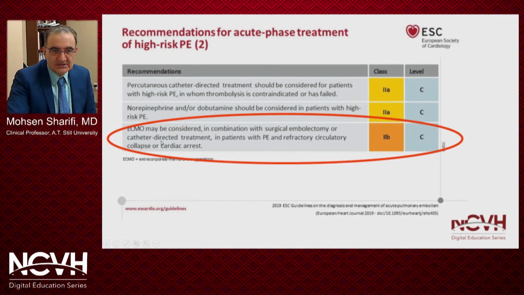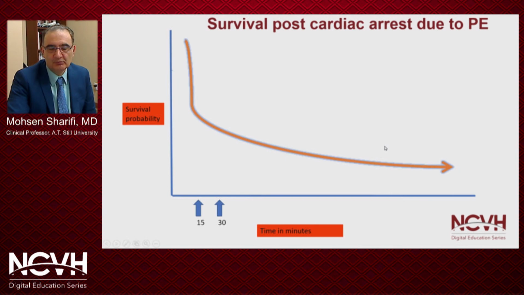We don't have it in US guidelines, but in ESC guidelines, it may be considered in combination with surgical embolectomy or catheter-directed treatments in PE with refractory circulatory collapse or cardiac arrest. Again, class 2B.